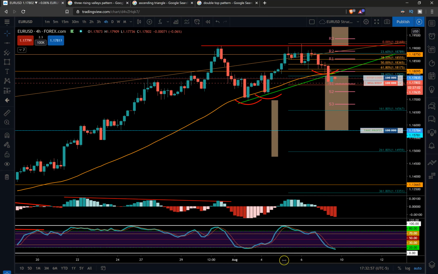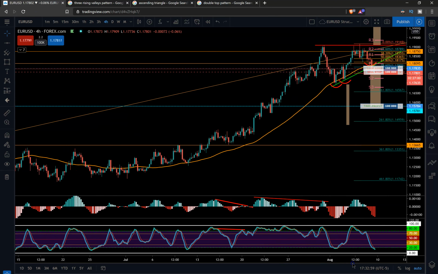Now, as far as significant areas that it could reverse or retrace and stop at, it could be right here. Right here, we see a significant area where the price went up, back tested in the area. So around this area the price may be attracted to.